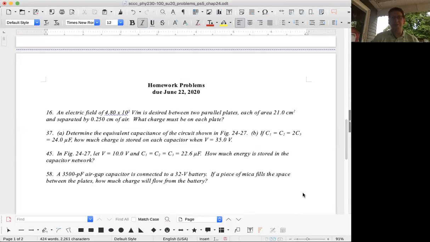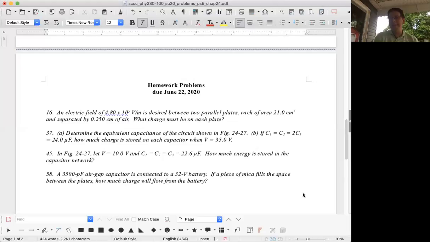A 3,500 picofarad air gap capacitor is connected to a 32-volt battery. If a piece of mica fills the space between the plates, how much charge will flow from the battery? So initially, it's fully charged.